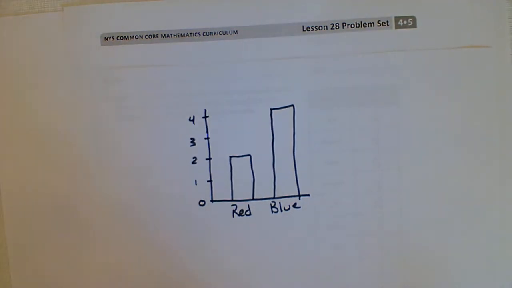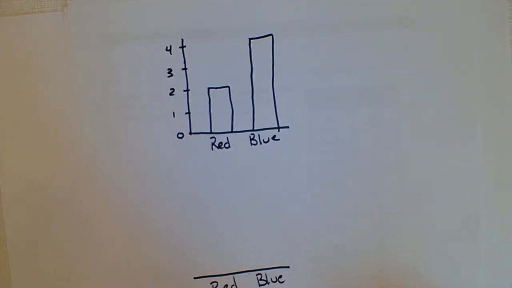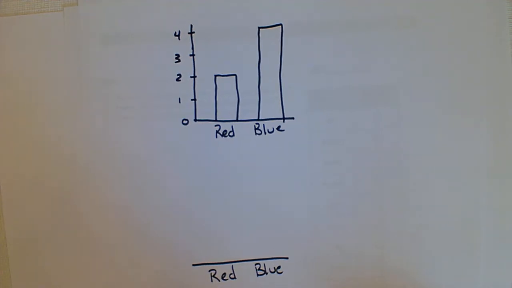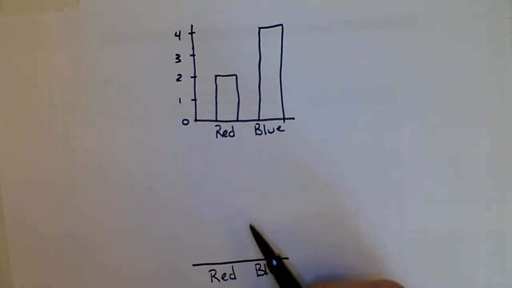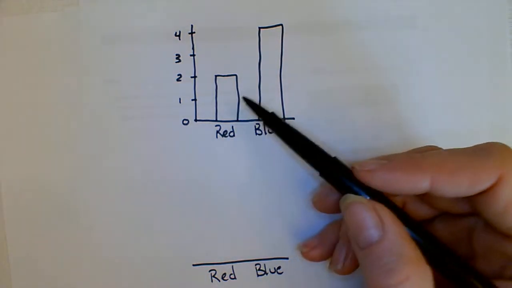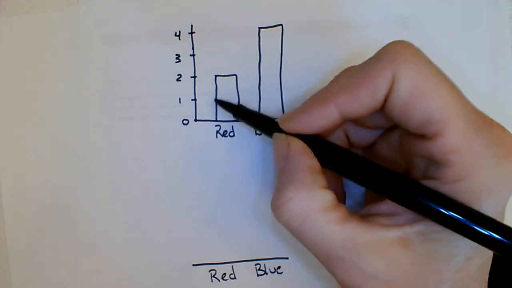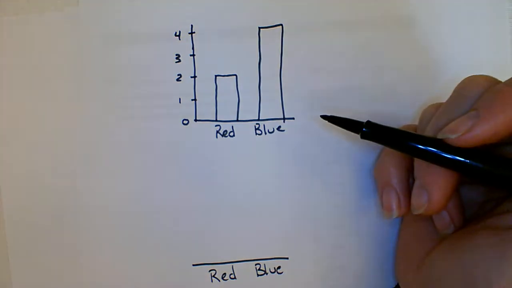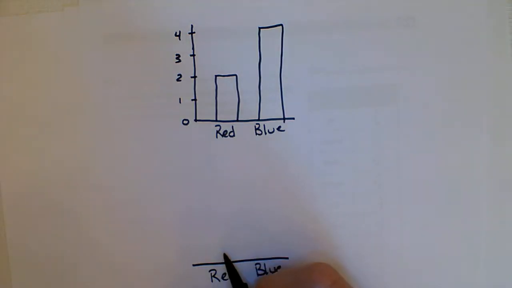Well, I could have represented this using a line plot. Now, normally we wouldn't use a line plot for this kind of a graph, but we could. So instead of doing a bar graph where you can see that I went up for 1 and then I went up for 2 because 2 students had chosen red, I could have placed an X for each student who chose that color t-shirt.